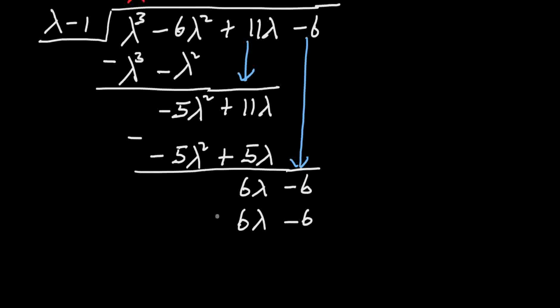So now if we subtract, negative 6 minus negative 6 is 0. 6 lambda minus 6 lambda is also 0.